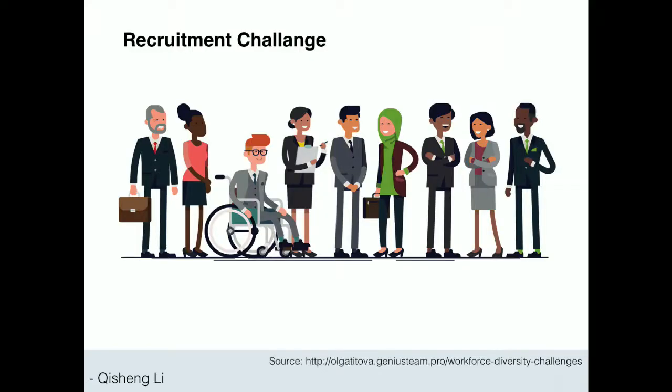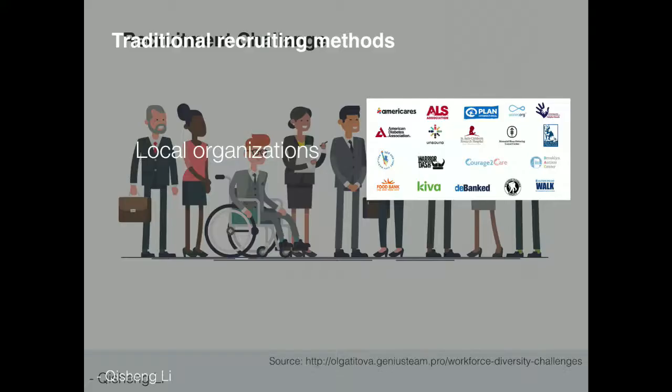Recruiting participants can be a challenge for many researchers in the field of HCI and accessibility, especially when you need participants from diverse groups or with certain characteristics. I'm here today to present one possible solution to this problem. Traditional recruiting methods such as finding people from local organizations can be time-intensive and often expensive.